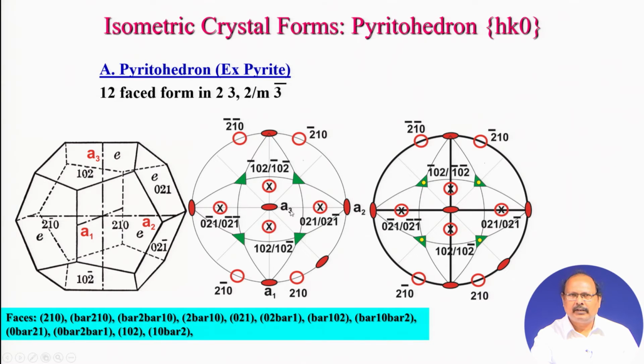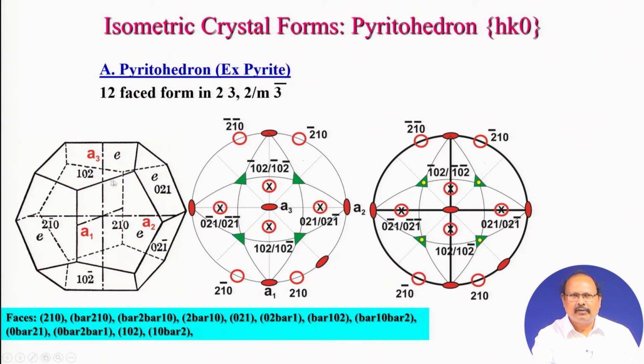These are shown by the 4 crosses here. So, this 12-faced form is given the name pyritohedron, and this is present in the crystal pyrite, and this is the crystal model of a pyritohedron.